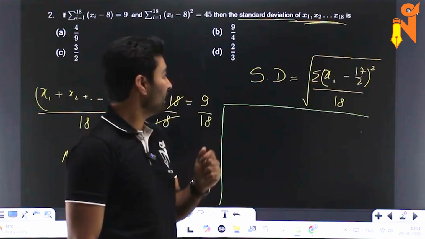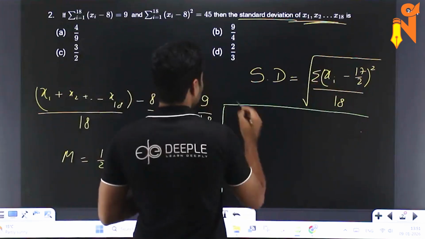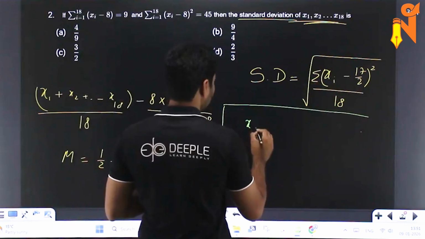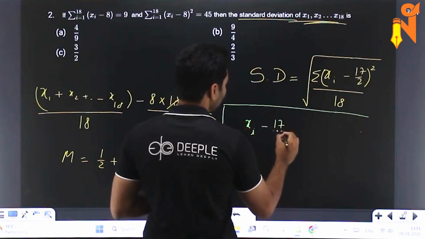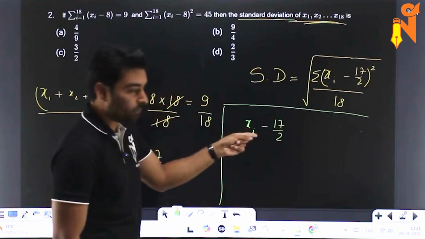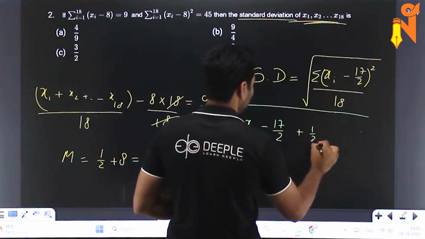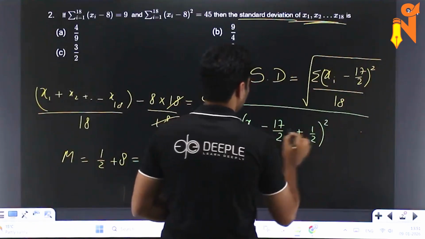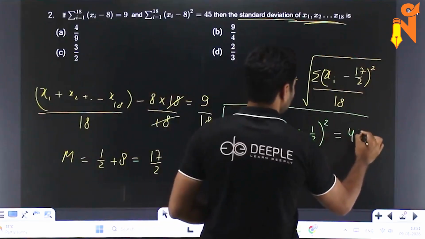So how can I find this? It's very simple. Xi minus 17 by 2 is actually 8.5. Plus 1 by 2 whole square, summation equal to 45 is given. Very nice.